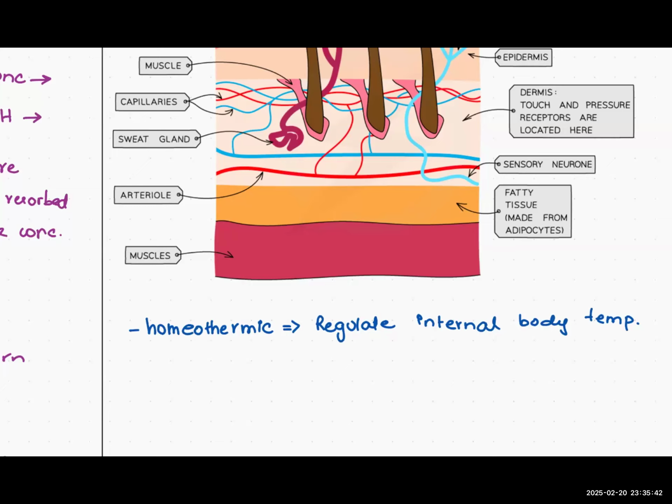Now, in our brain, we have a certain area that we call the thermoregulatory center.